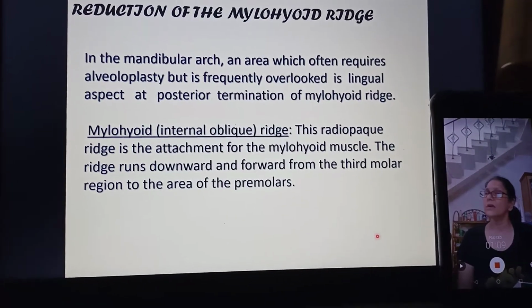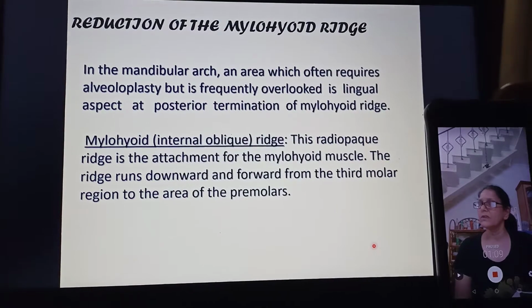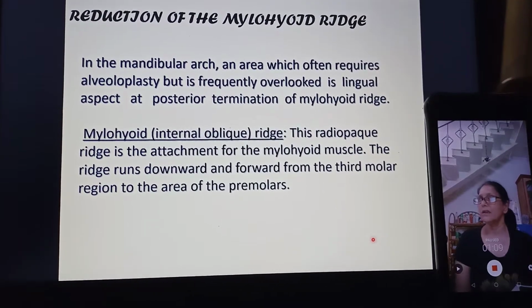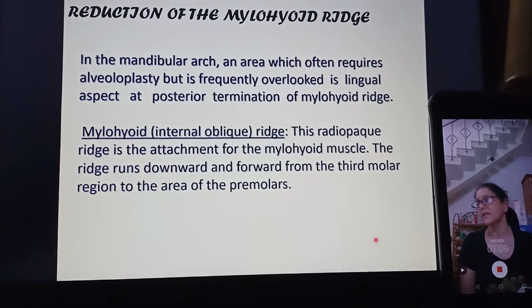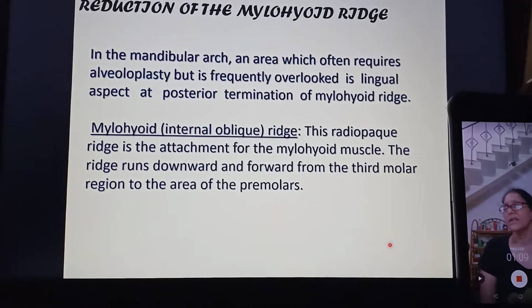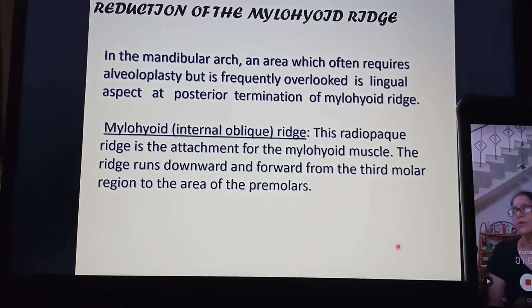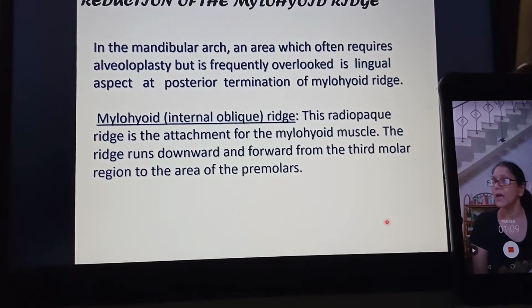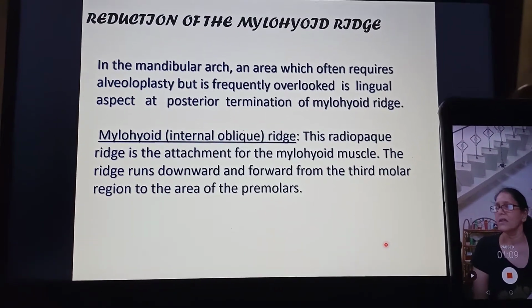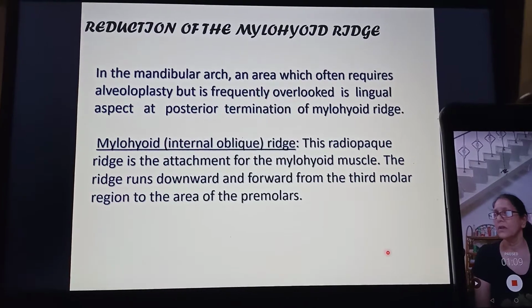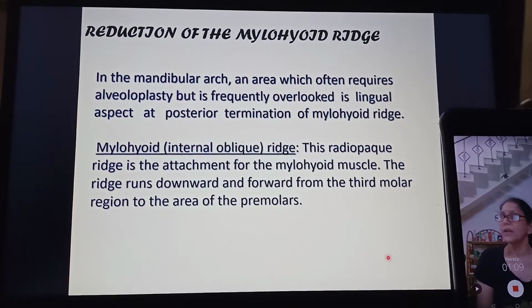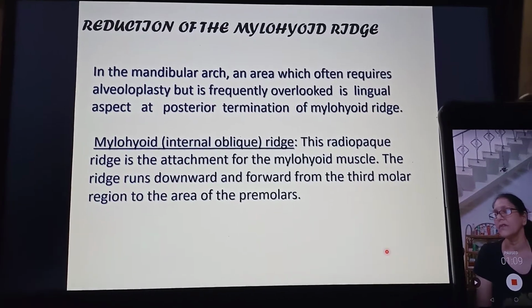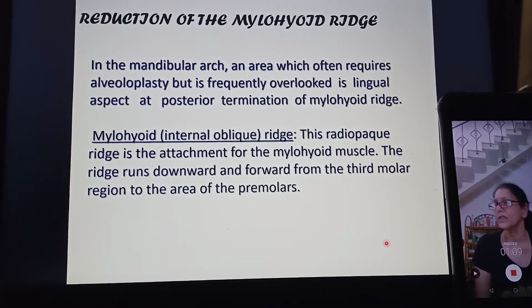Coming to the reduction of the mylohyoid ridge, very similarly, after the resorption of the ridge, the mylohyoid ridge comes to lie very, very close to the alveolar ridge. The attachment of the mylohyoid muscle similarly can dislodge the denture, so it becomes a hindrance in the delivery of a good denture.